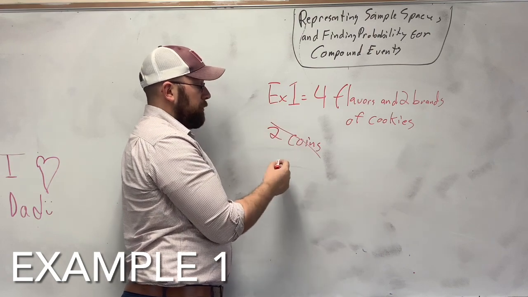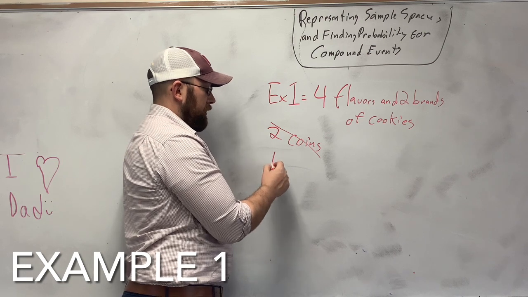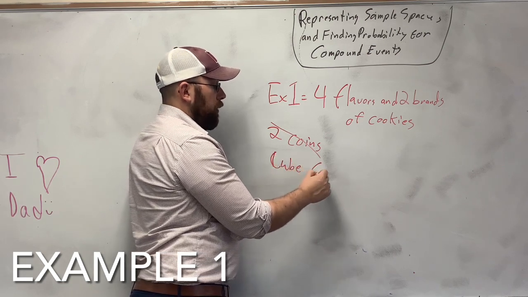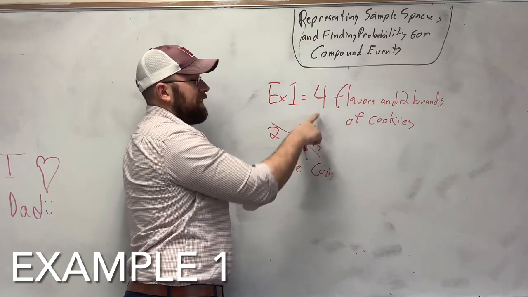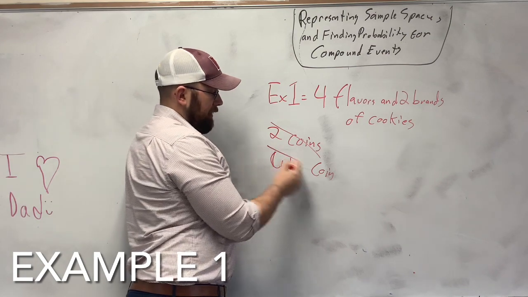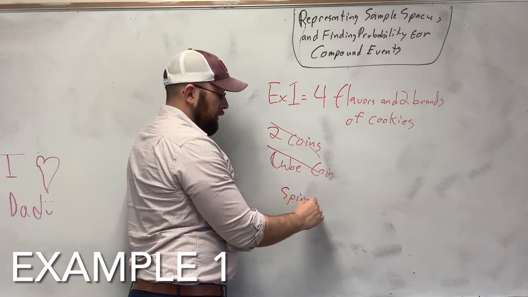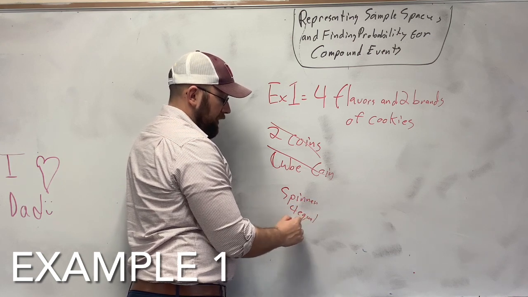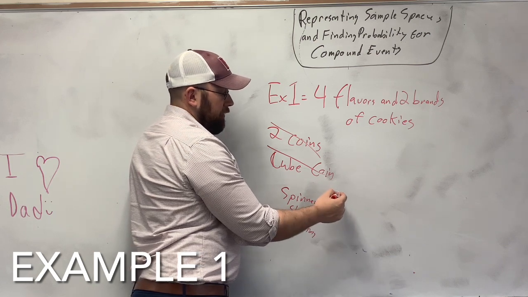Could I use a cube and a coin? The coin works well, but the cube has 6 and that's 4. It doesn't divide evenly. Probably the best one here is to use a spinner with 4 equal sections and a coin.